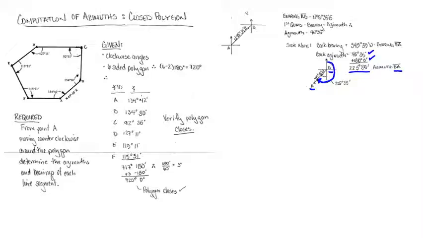And it helps to write out the first letter being the direction you're starting at, and the second letter is where you're going. Okay? Now, here's our polygon. We know 45, 35 is our start direction. So what we're going to do is we have an azimuth, we get a back azimuth, and we're going to add an angle to get a new azimuth.